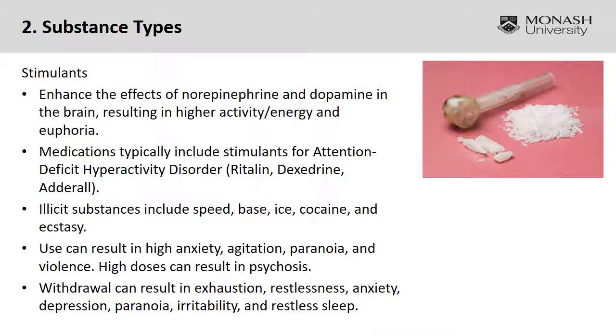So cocaine is a more expensive drug, so you tend to see this stimulant in more affluent occupations. And ecstasy is a mixture of speed and MDMA, which creates a very powerful euphoric effect.